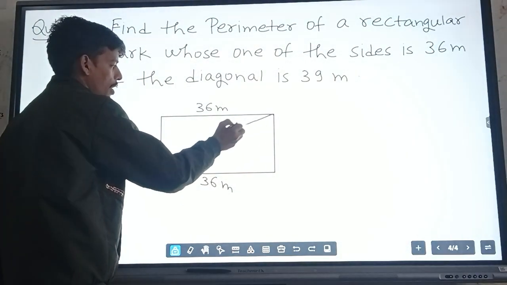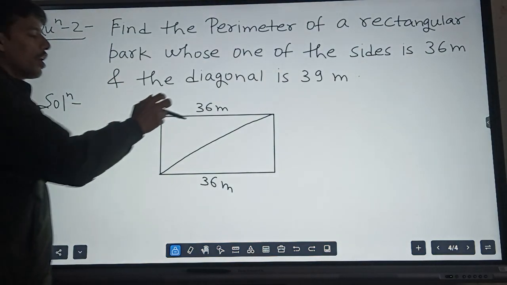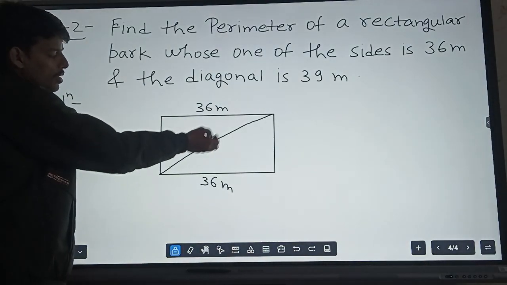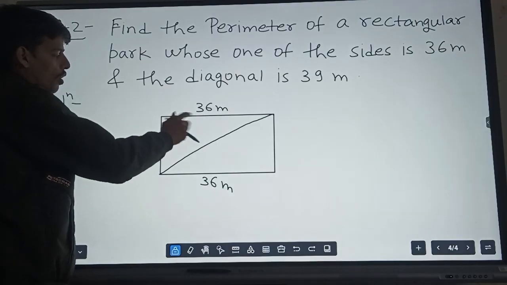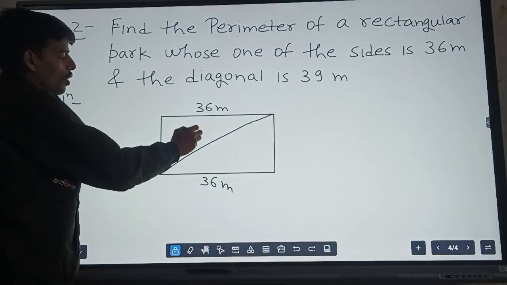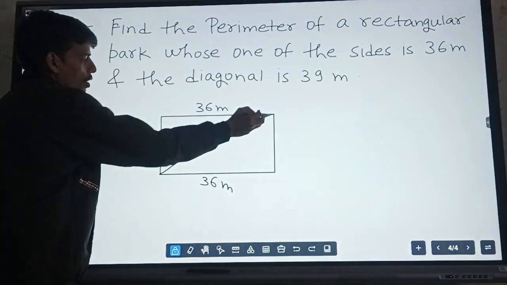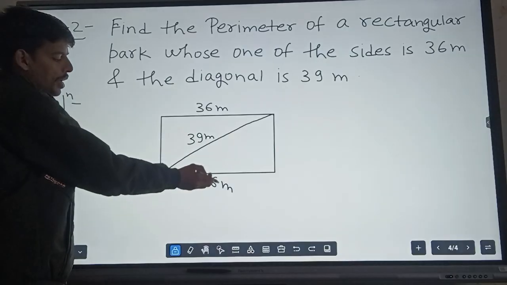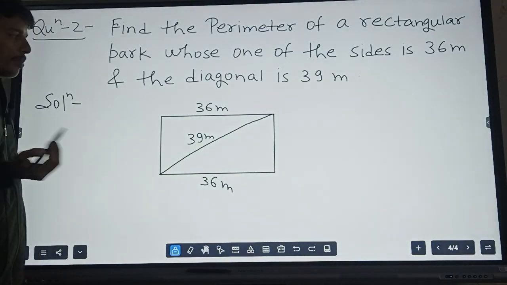It is a diagonal. We know that a rectangle contains two diagonals. Now in this figure there are two right angle triangles involved, the first right angle triangle and the second right angle triangle, and the value of this side is 39 meter. Now we find the perpendicular. This is the hypotenuse, this is the base, and this is the perpendicular.